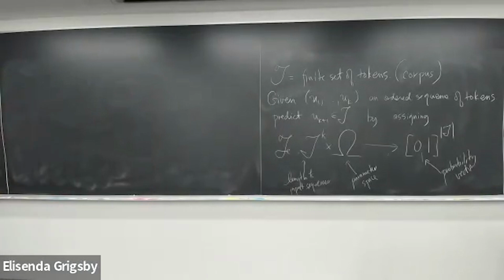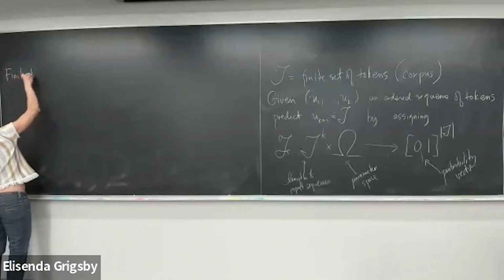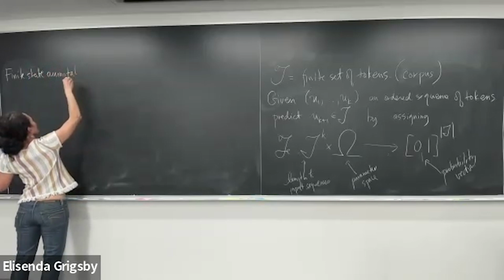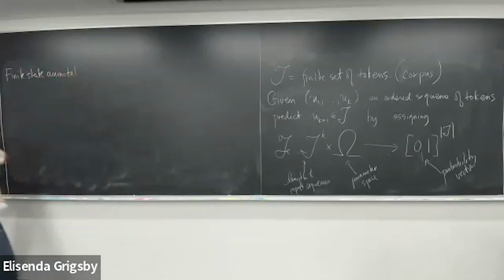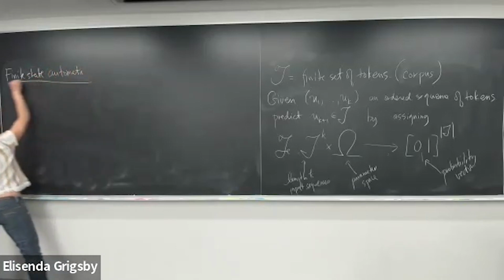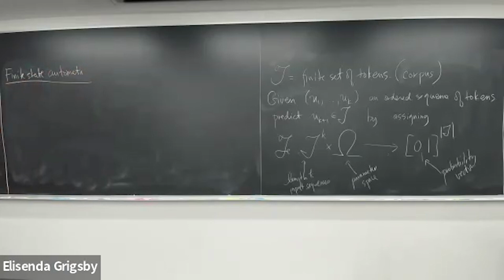There's a classical model of computation called a finite state automaton. It's a really rudimentary model of computation. But it's reasonable to ask whether, at least in certain situations, something like a transformer architecture would be implementing something like this.